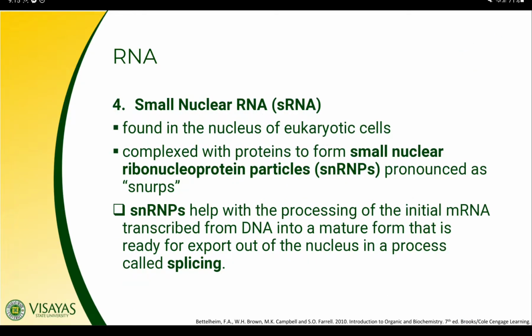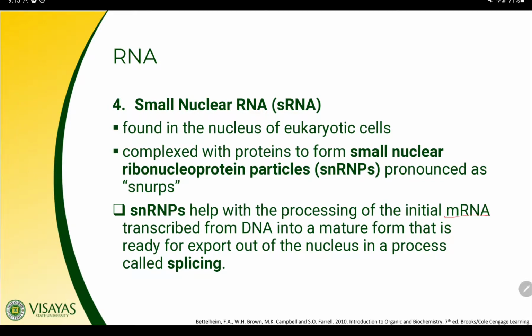The next type of RNA is called small nuclear RNA or snRNA. This is found in the nucleus of eukaryotic cells. So what does it do? This is complexed with proteins to form snRNPs, or small nuclear ribonucleoprotein particles. These help with the processing of the initial mRNA transcribed from DNA. Remember, in the process of transcription, we form mRNA.